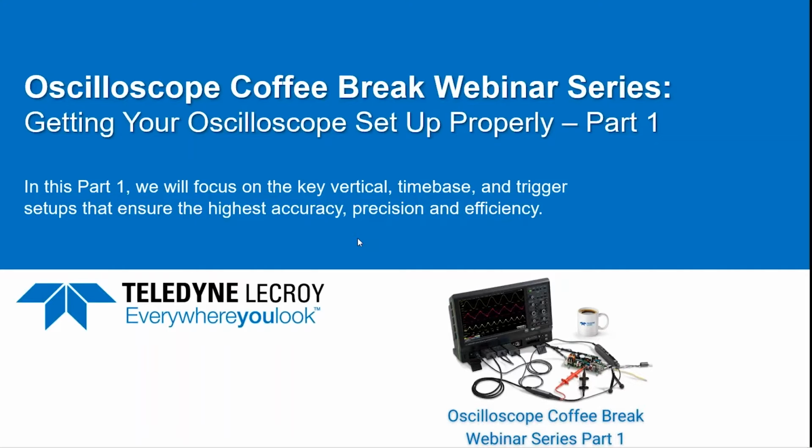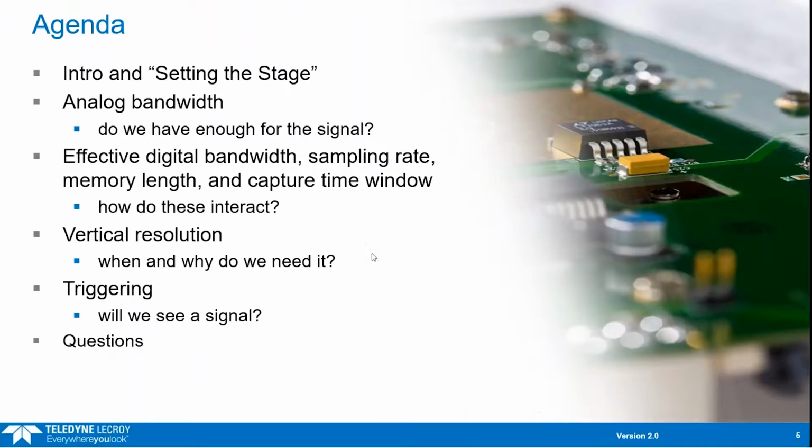This first part, part one of the coffee break webinar series, we're going to focus on the scope's vertical and time base and a little bit on the trigger setups, because we want to make sure that the scope is set up for exactly what we want it to do. I'm now in the intro and setting the stage, but then we're going to move into the details of analog bandwidth and whether we have enough of the signal.